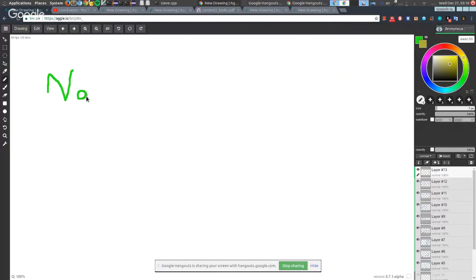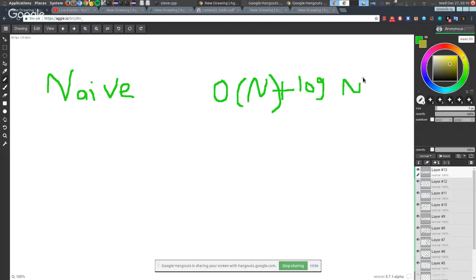The naive one, the first factorization, was taking O(n) operations, plus basically the number of times the inner loop got executed. So it's the sum of exponents, which is at most log n. So this is an upper bound.